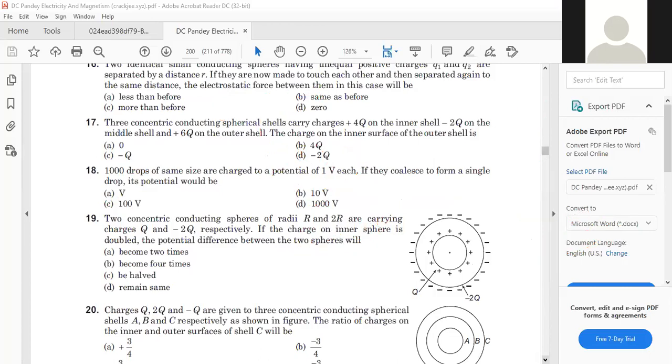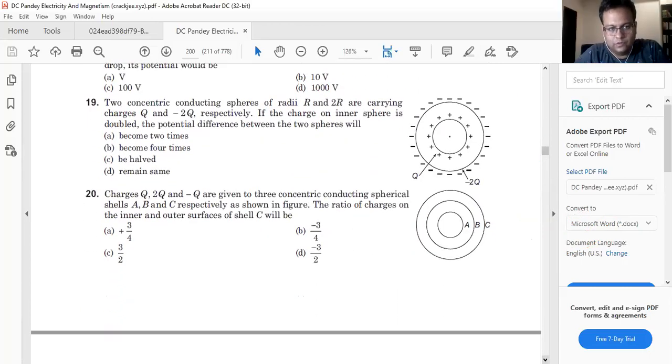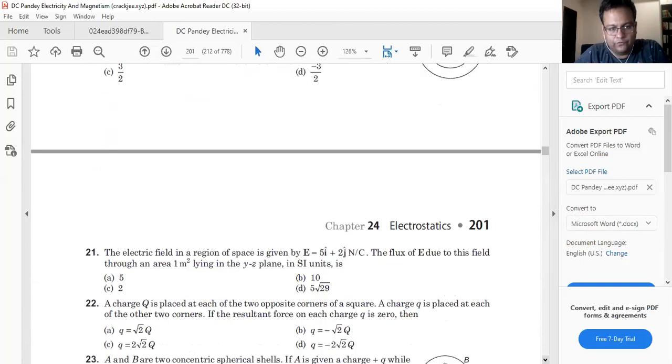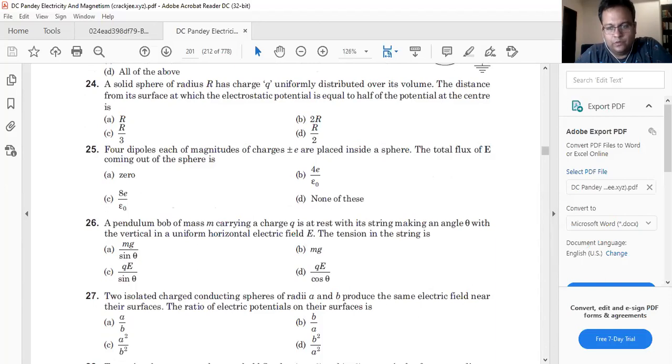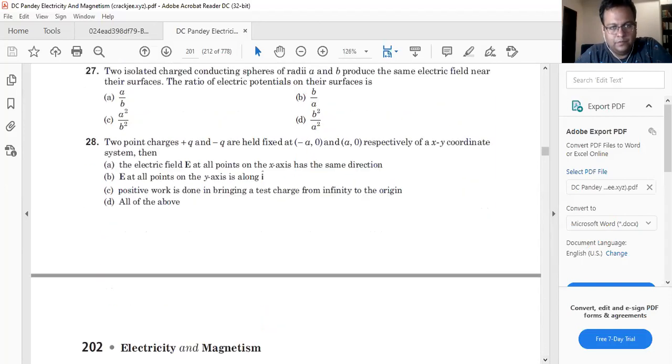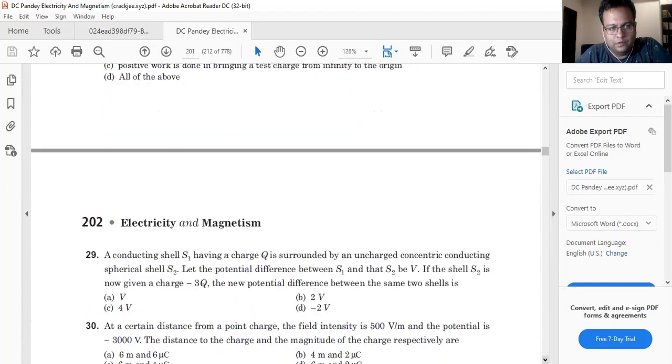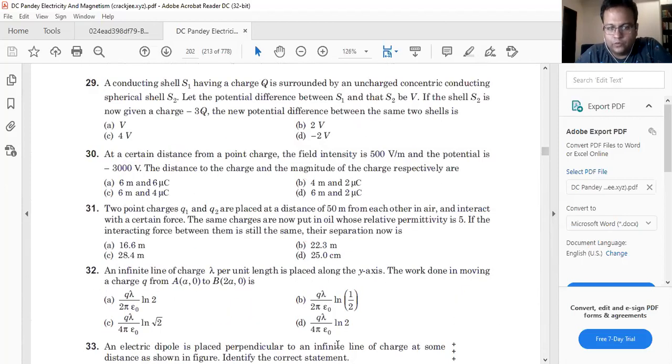Up to 20, any doubts? 21 to 25. Again, flux, from the next lecture you can try. 26 to 30. Solve किया हो या नहीं किया? So 32. Okay, 32 is infinite line charge. ये सब जो भी infinite sheet, infinite line charge, flux, right?